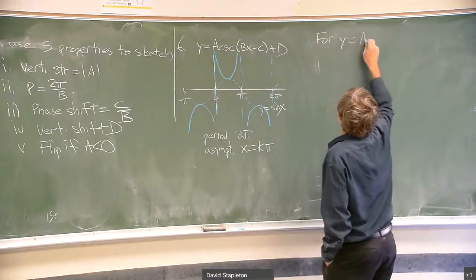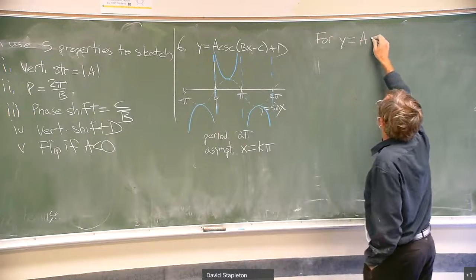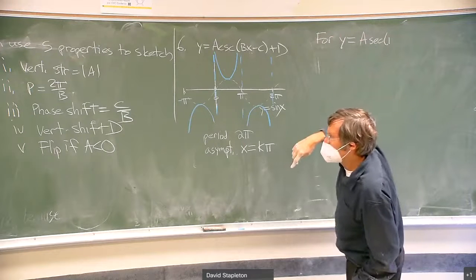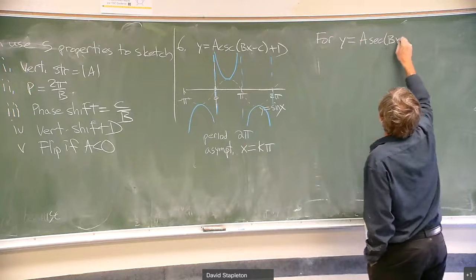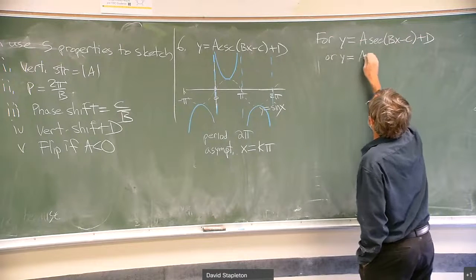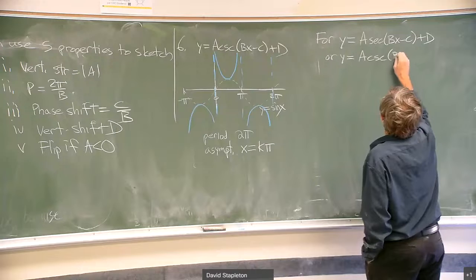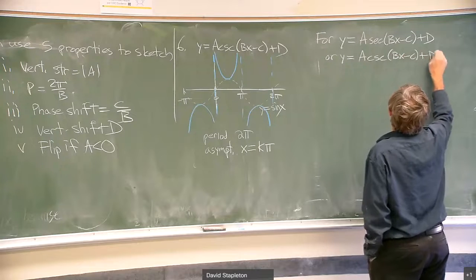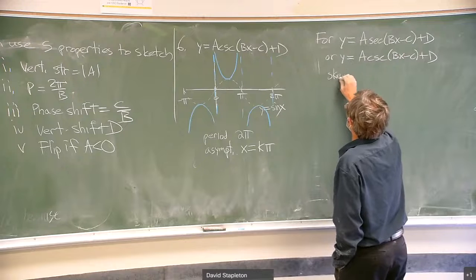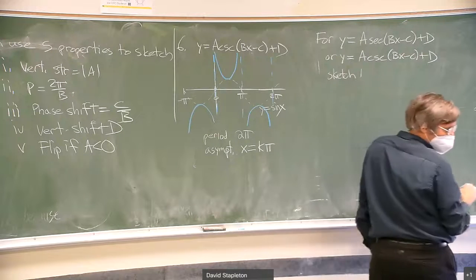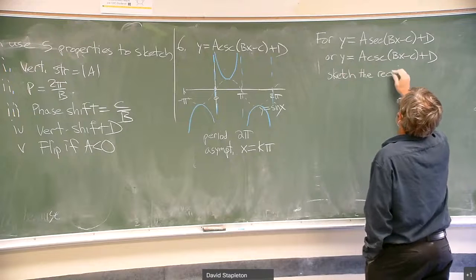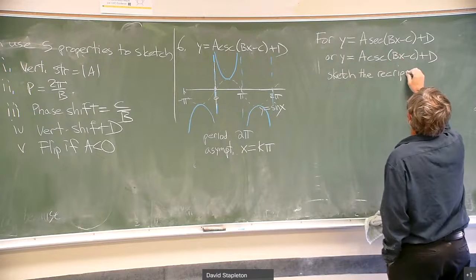For y equals a secant bx minus c plus d, or y equals a cosecant bx minus c plus d, all you have to do is simply sketch the reciprocal function with the same letters. Cosine for secant or sine for cosecant.